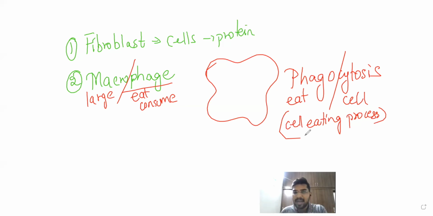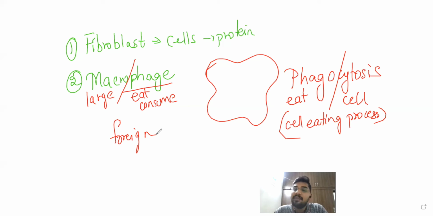It may be a small bacteria, a fungal spore or fungal hyphae, a virus, or any other dust particle, pollen grains, all these allergic substances. My body recognizes them as foreign substances and kills them. So these macrophages go and engulf them and consume them. They break down the bacteria or the fungus and consume it. Hence, it is called cell eating or phagocytosis.